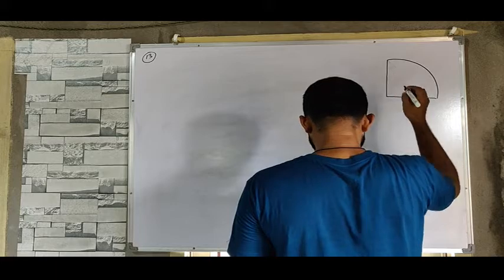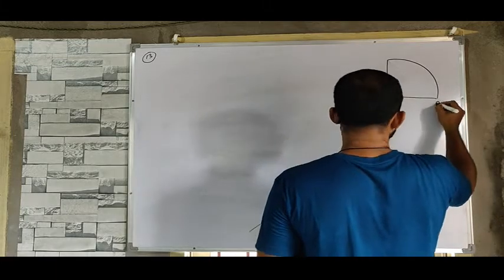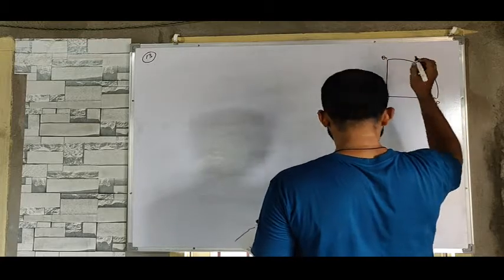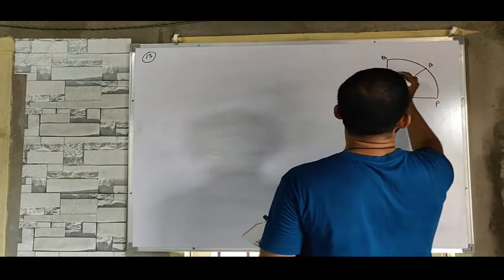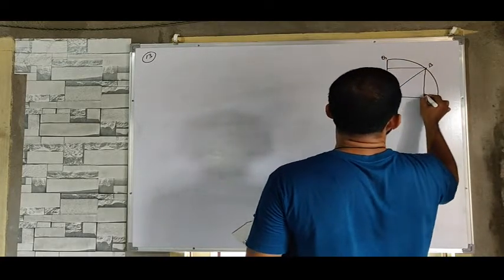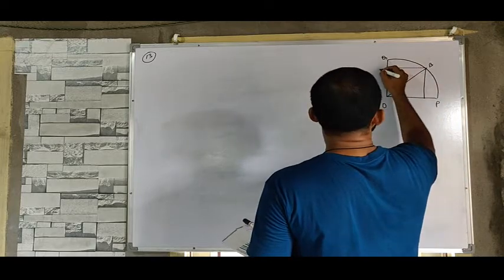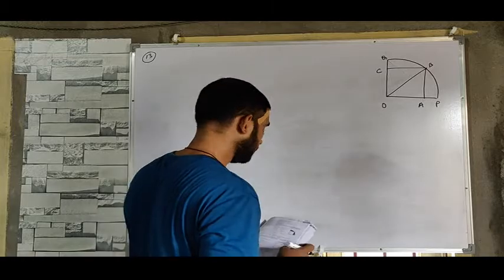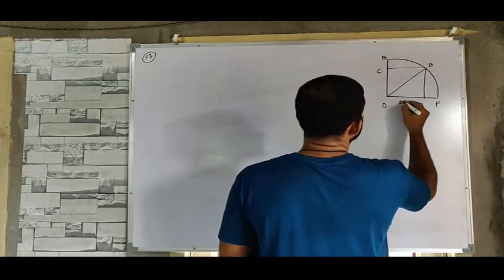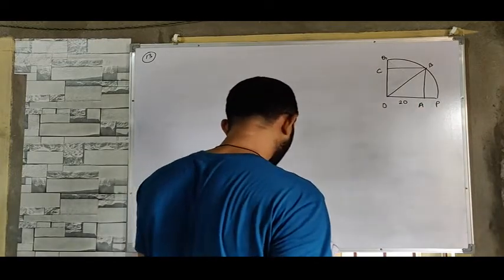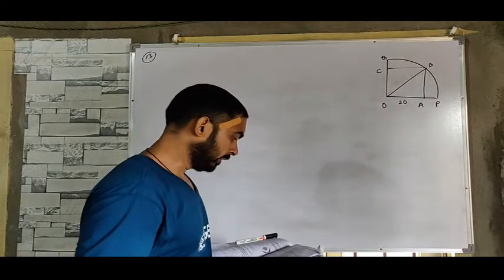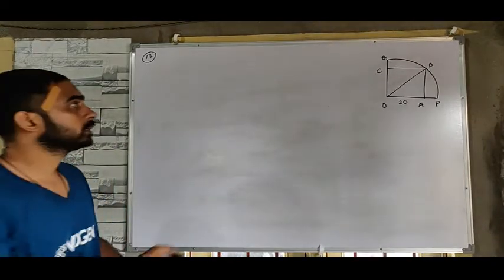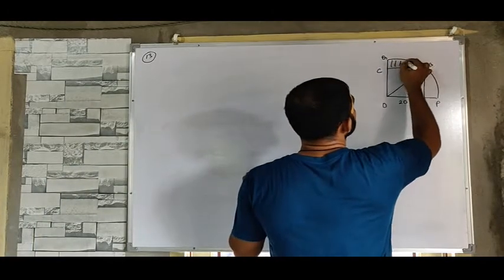The quadrant is given, O, P, B, Q, C, A. Here OA is given as 20. Find the area of the shaded region, which means the area of this portion.